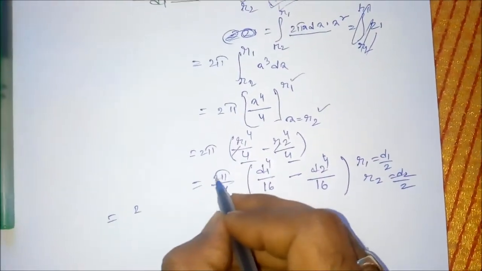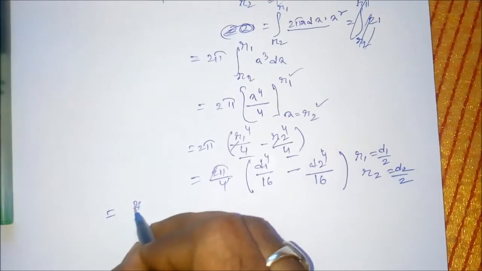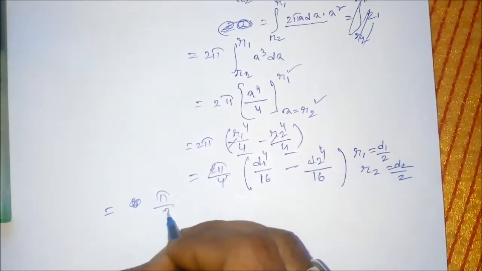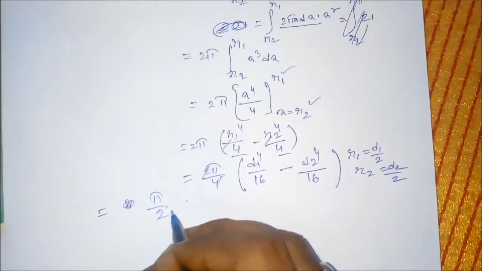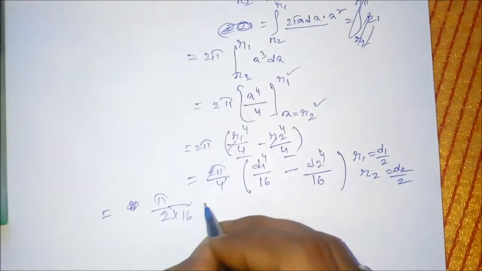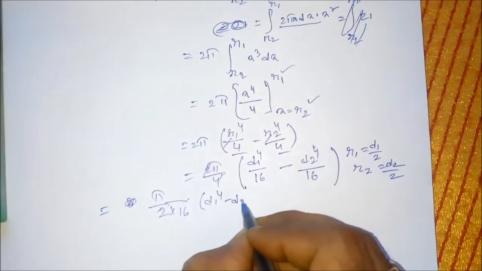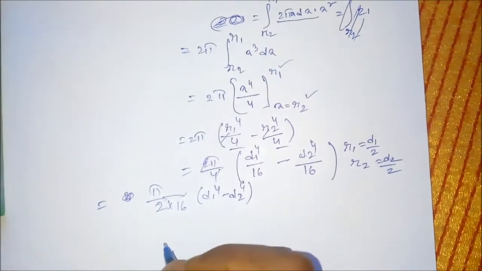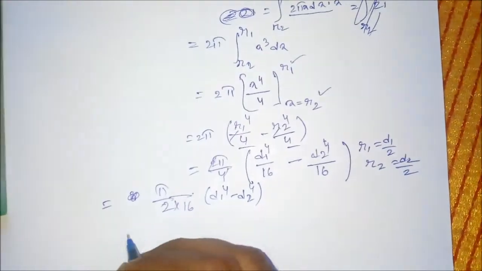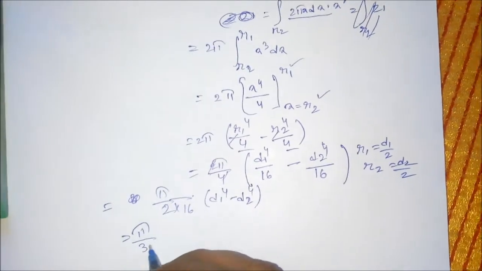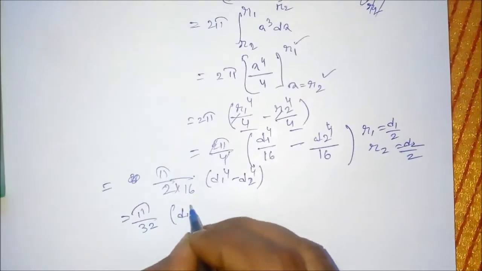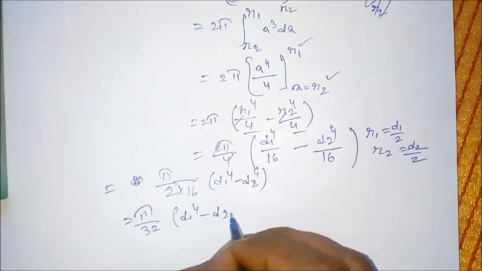If you cut this 2, you will get pi by 2 multiplied by 1 by 16 of d1 to the power 4 minus d2 to the power 4. So J equals pi by 32 times d1 to the power 4 minus d2 to the power 4.